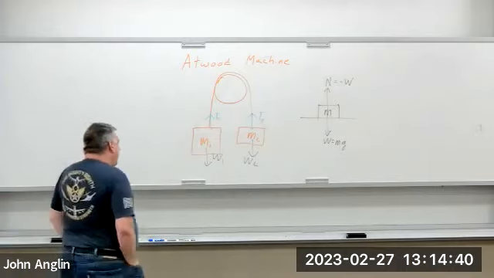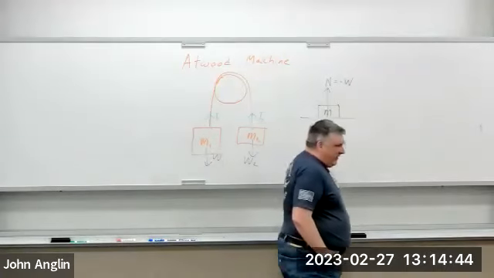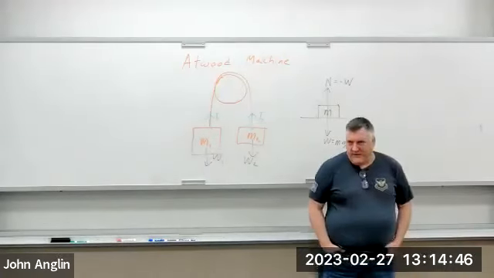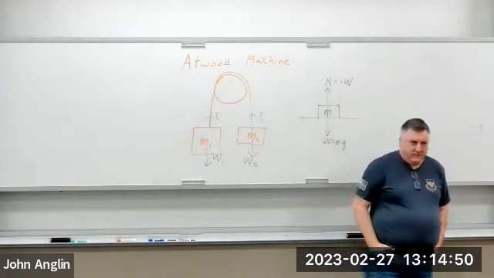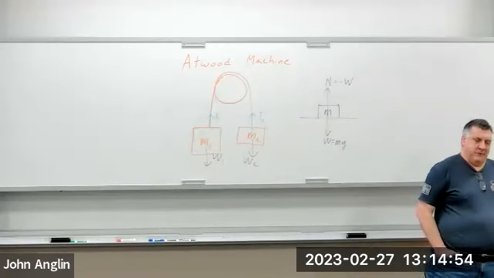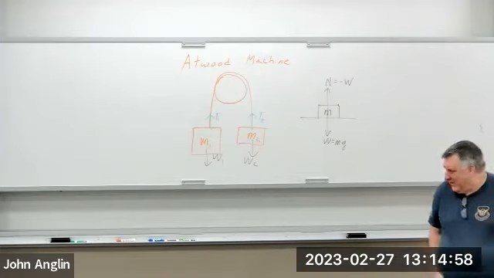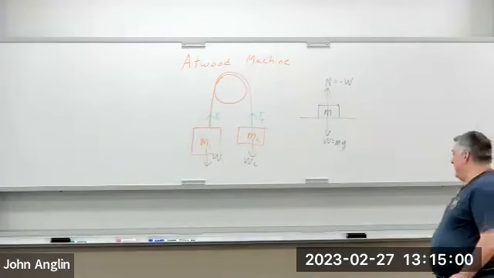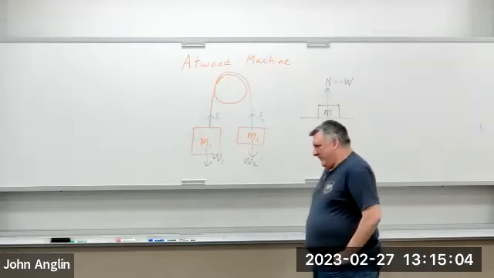Why would I want to know that? Well, if I'm an engineer and I'm designing this machine, I want to make sure that I don't break my rope. The rope is going to have some maximum tension strength, at which point it's going to snap. So we want to make sure we don't exceed that. So we'd like to know what that tension force is in the string.